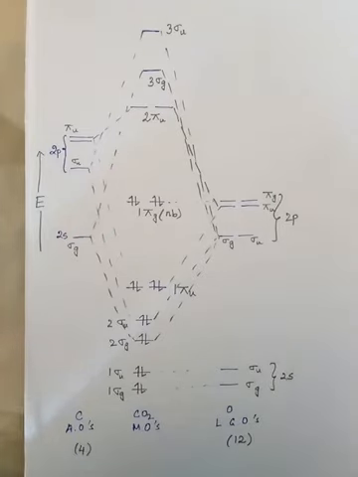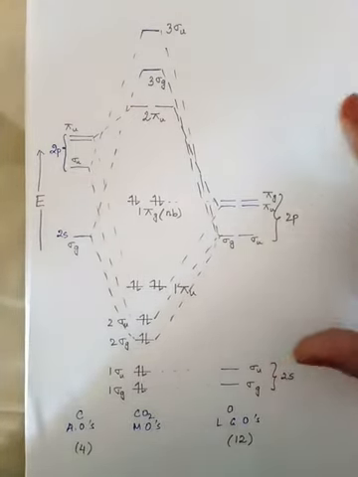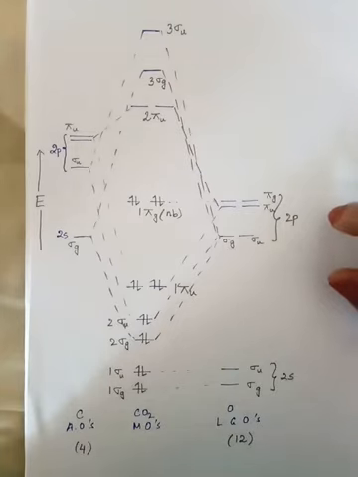Only when these two criteria are satisfied do you get an effective overlap leading to an antibonding molecular orbital and a bonding molecular orbital. The overlap is the greatest in case of sigma overlap, so the difference is the greatest between sigma and sigma star, followed by the difference between pi and pi star, followed by delta and delta star. This is because of the difference in effective overlap.